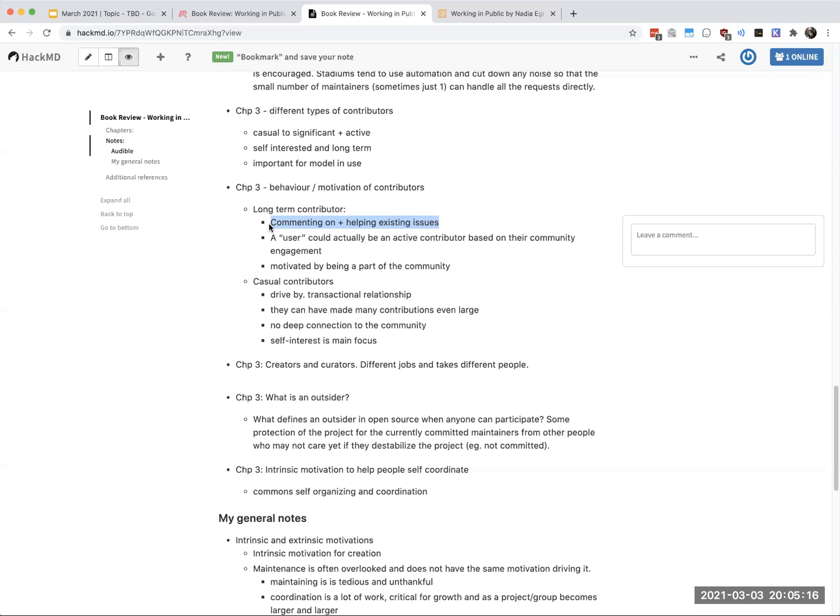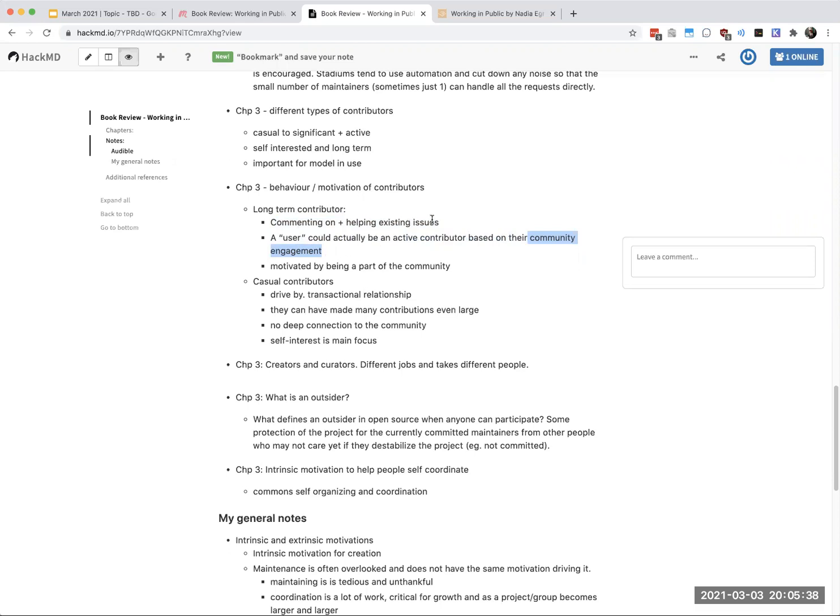I brought this up earlier. It could be stuff like Stack Overflow, where there's someone that's commenting on anything related to a project on Stack Overflow and trying to respond and basically help. And they seem to care about engaging in the community.